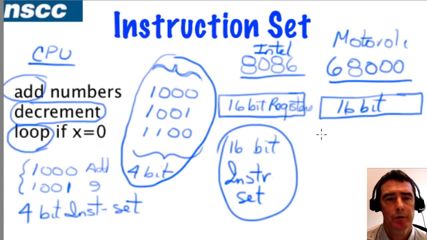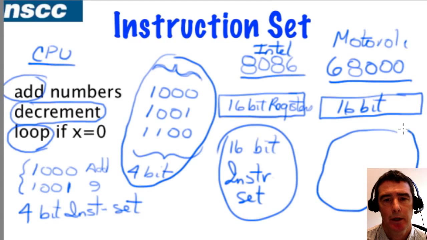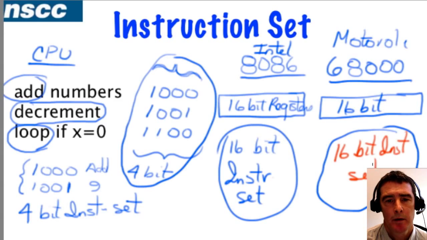However, it used different codes. Instead of add, it may have had some extra instructions here. It used a different coding system. So it also had a 16-bit instruction set, but I'll use a different color here. But its set used totally different codes.